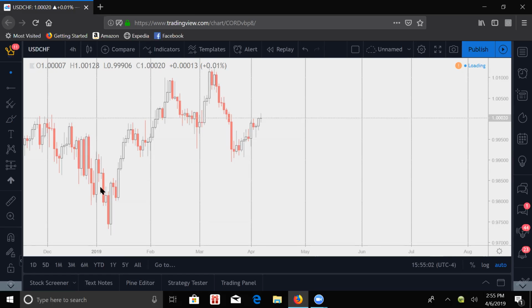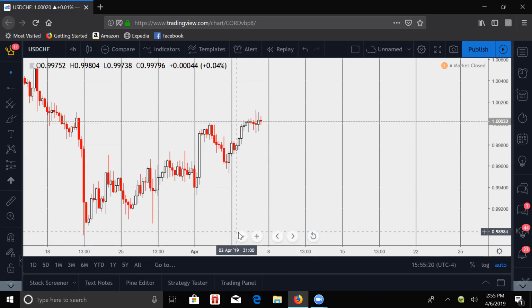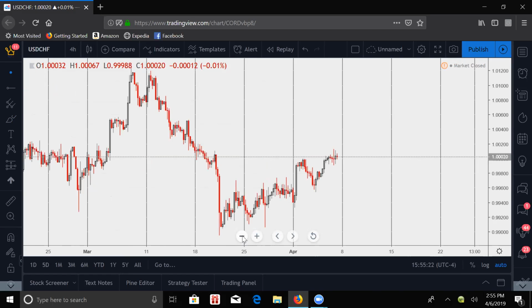If it's not clear, I'll just break it down to the 4-hour. If I don't see what I like on a higher time frame, I'll go down to a time frame that is a little bit more clear and precise to me, where I can identify key levels of support and resistance zones.